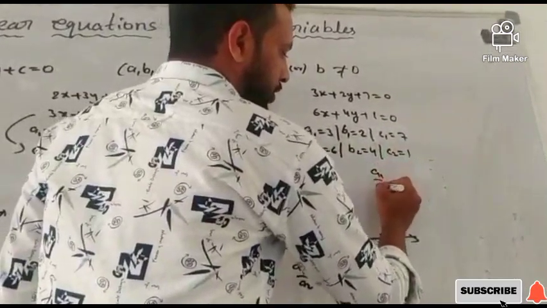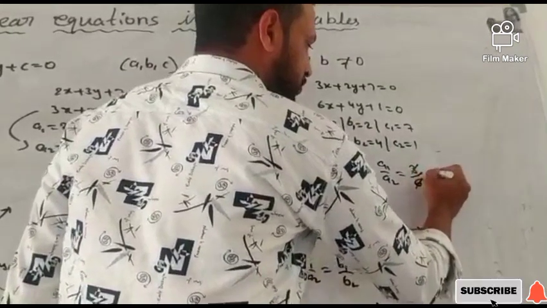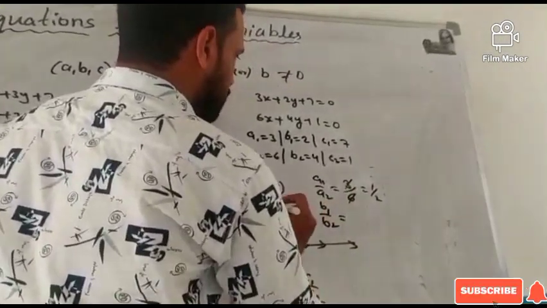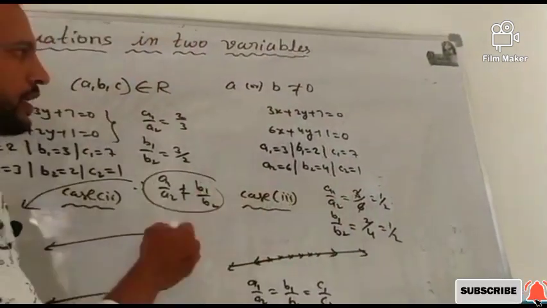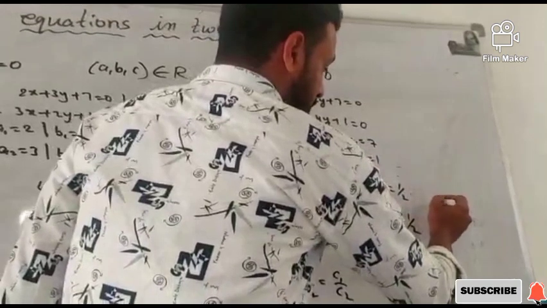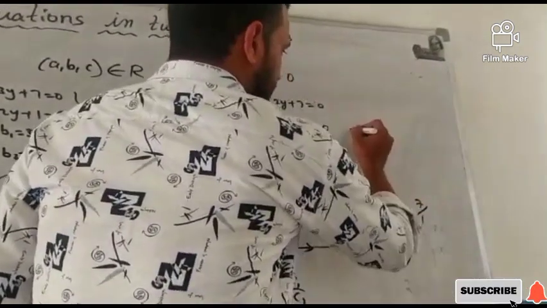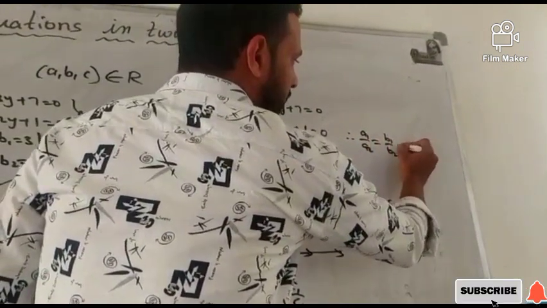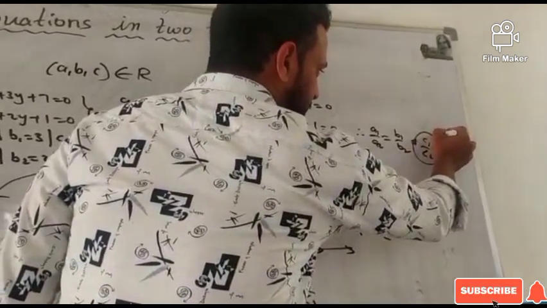So a1 by a2 is equals to 3 by 6, that is equals to 1 by 2. b1 by b2 is equals to 2 by 4, that is equals to 1 by 2 again. Both are equal and we have to check one more thing here, c1 by c2 is 7 by 1. Therefore we can say that a1 by a2 is equals to b1 by b2 and not equals to c1 by c2. Why we are checking this point, I will reveal later.